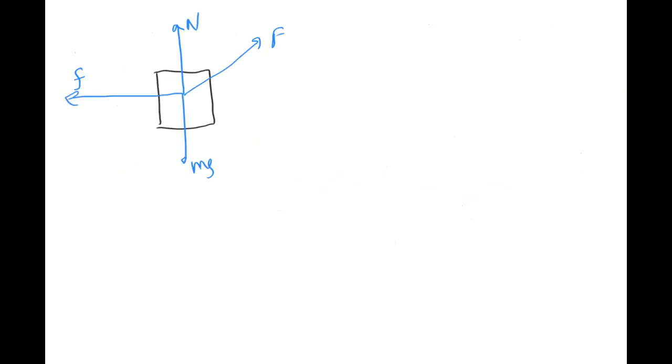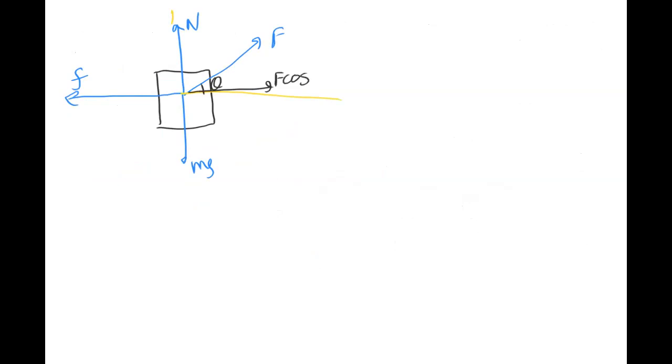So FBD is already drawn, right? FBD तो आप पहले बना चुके हैं. N, mg, f, f, और ये हमारा एक्सिस है. थीटा.